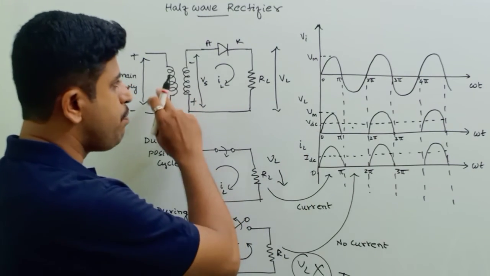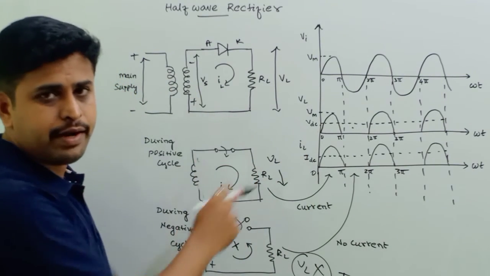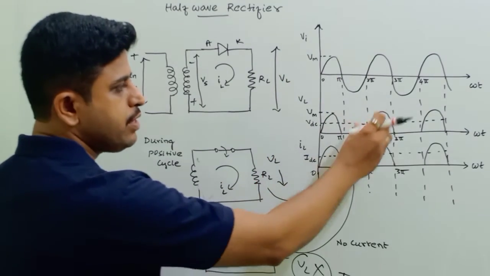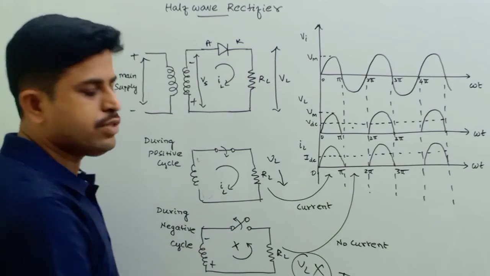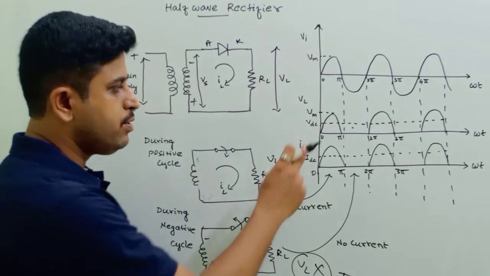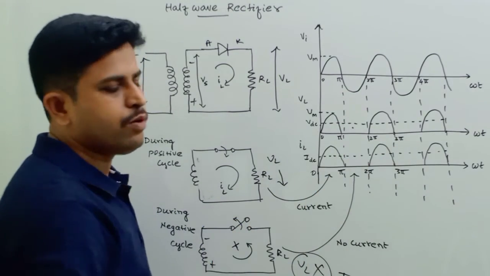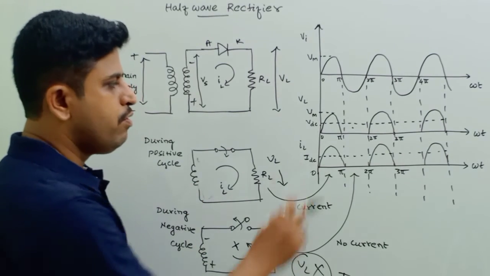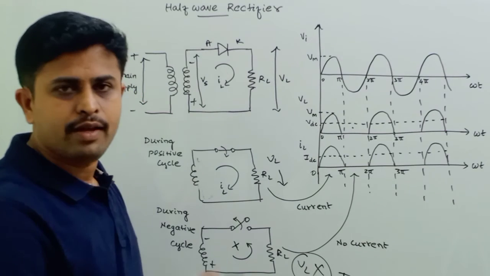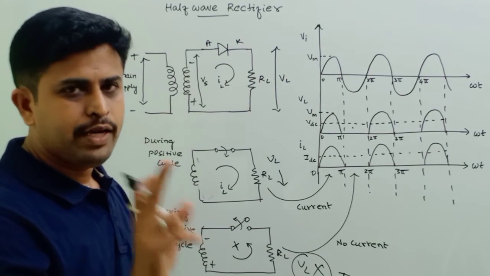Only during the positive half cycle does the diode conduct and those positive half cycles appear, and during the negative half cycle the diode acts as an open circuit, a switch off, and those negative cycles are not passed through the load. Therefore this rectifier allows unidirectional current.